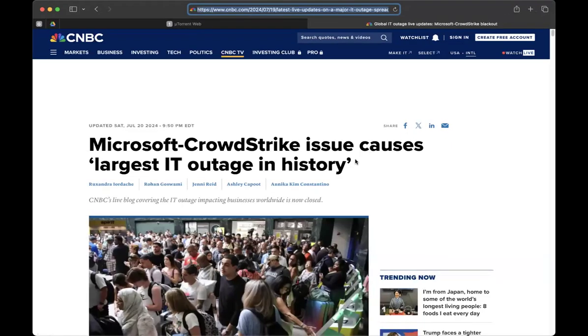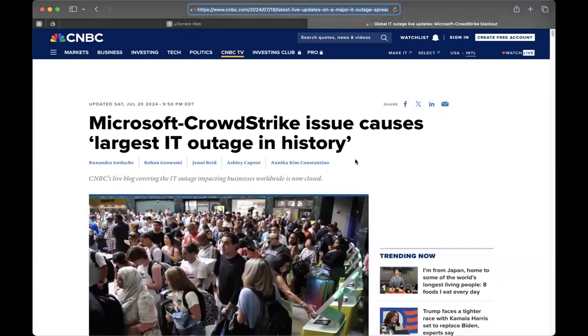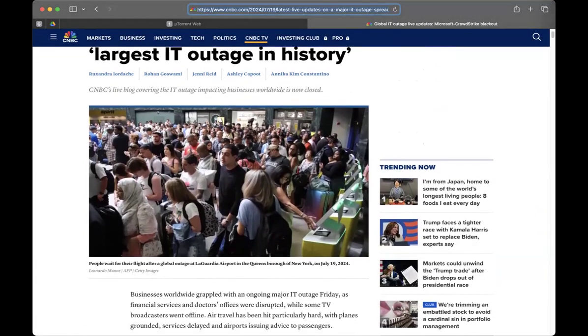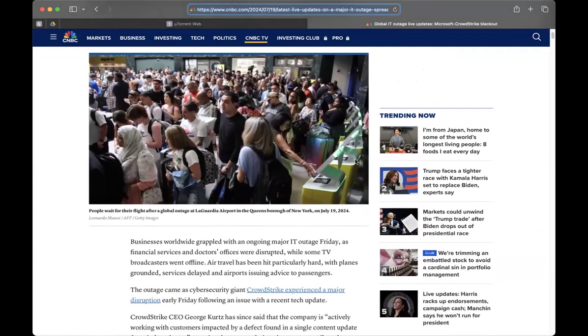So guys, you see this Microsoft CrowdStrike issue causes the largest IT outage in history. I told you how many flights, 4,000 plus flights, were cancelled due to this problem. Microsoft is claiming that it is not a cyber attack. They are saying that it is a kind of a problem in a software, and that problem causes the whole thing.